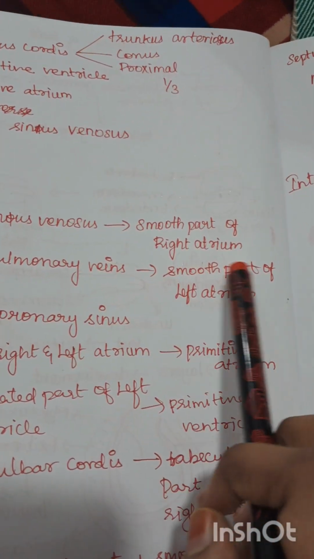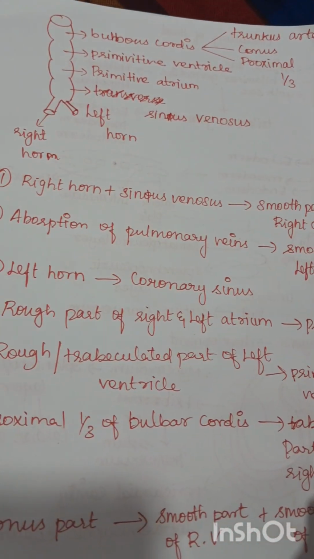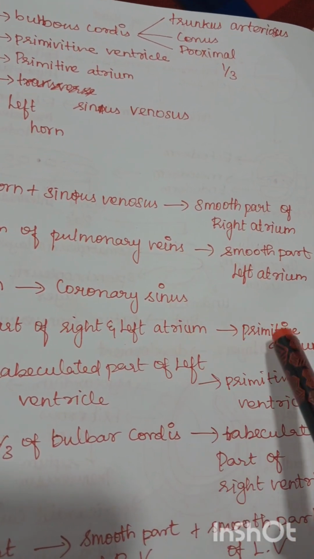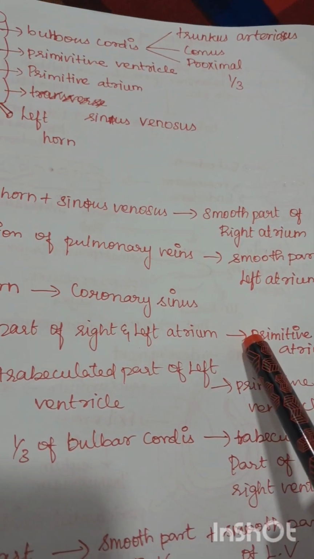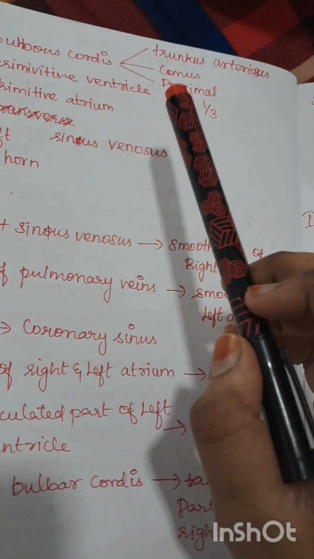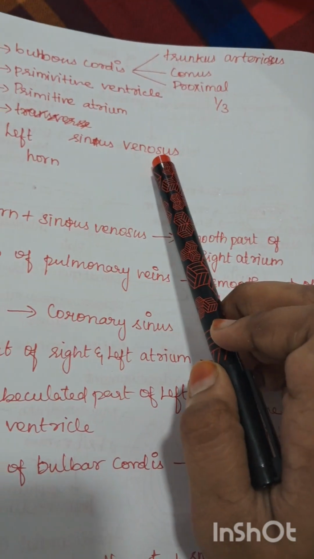absorption of the pulmonary veins forms the smooth part of the left atrium, and the rough part of the right atrium and left atrium is formed from the primitive atrium. So we can conclude that the atrium is formed from the primitive atrium and the sinus venosus.